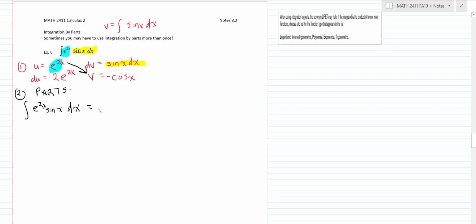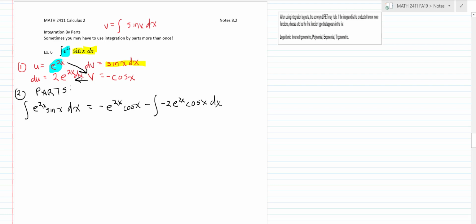So u times v is going to be negative e to the 2x cosine of x, and then minus the integral of v du. So we're going to multiply those two things out. That will give negative 2e to the 2x cosine of x times dx. Okay, I probably should have put my dx in there, like that.